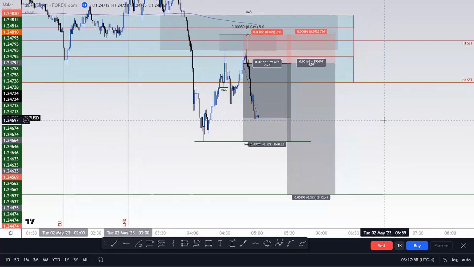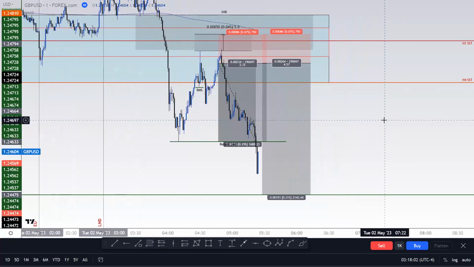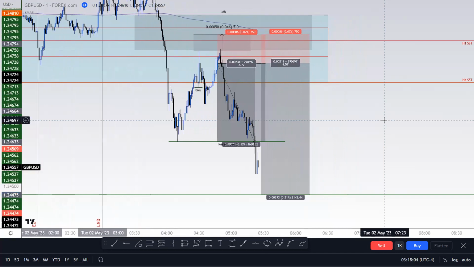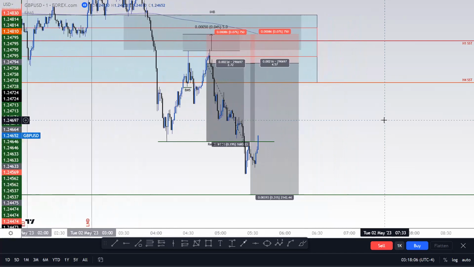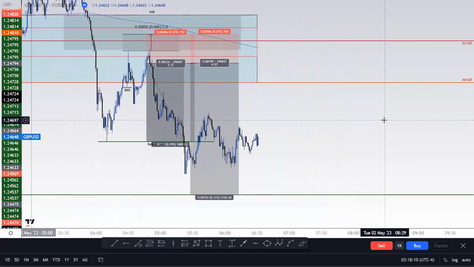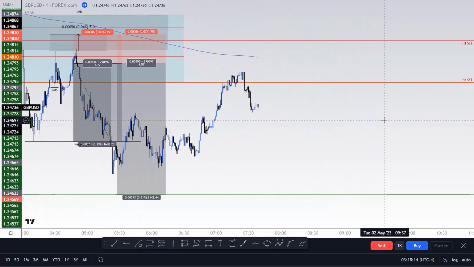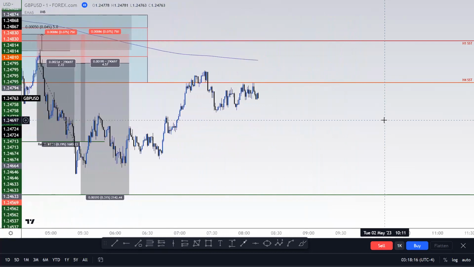What we can see here is that price obviously traded down and proceeded to hit the first profit target, and then contracted before eventually trading back up and then accumulating for a bit.